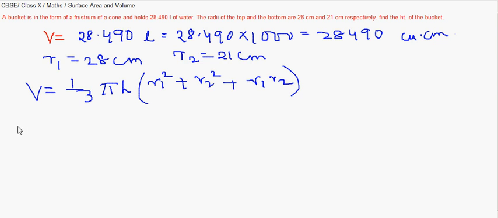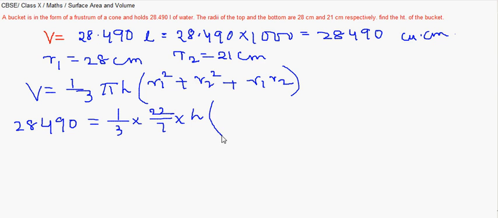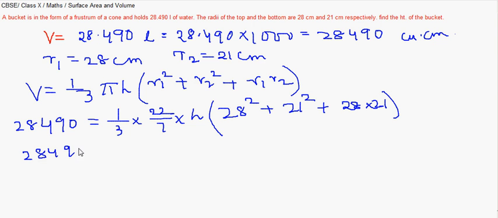So it is 28490 equals 1 by 3 into 22 by 7 into h, times R1 square, which is 28 square, R2 square will be 21 square, plus 28 into 21. As I did in the first question, I remember 28 square was 784.